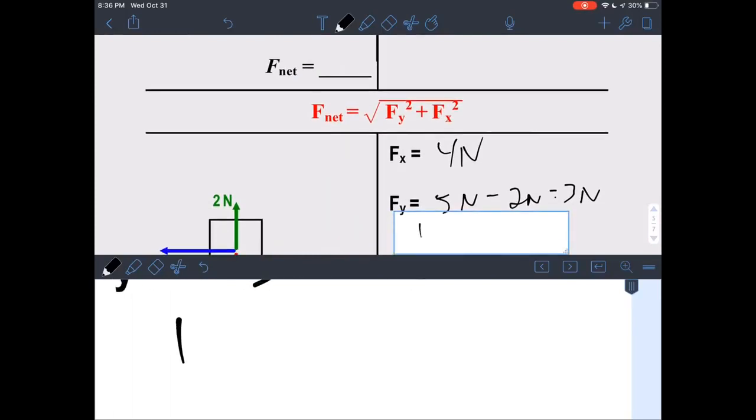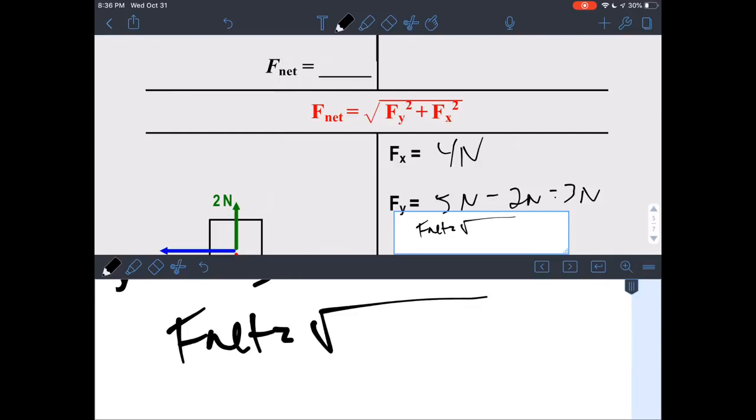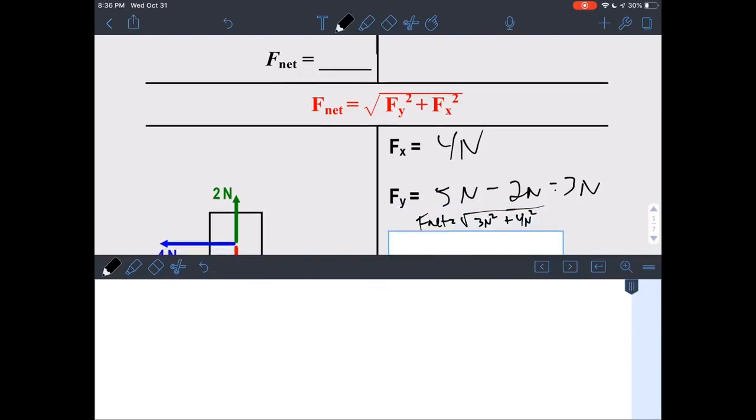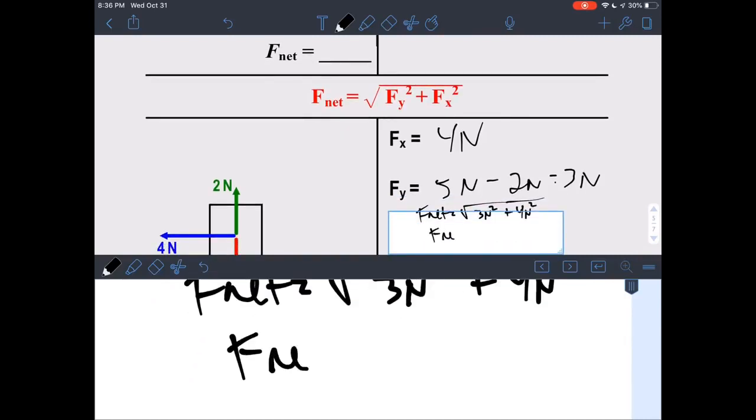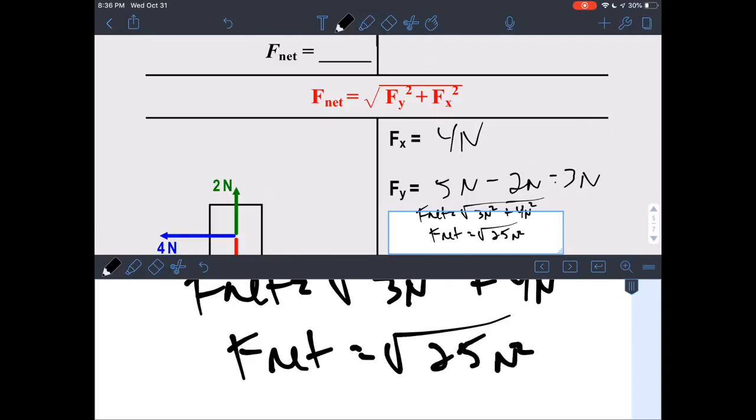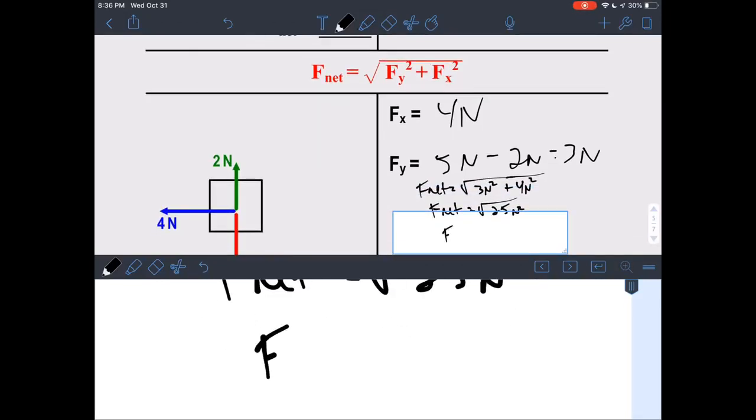F net is equal to the square root of 3 newtons squared plus 4 newtons squared, which is the square root of 25 square newtons, and F net is 5 newtons.